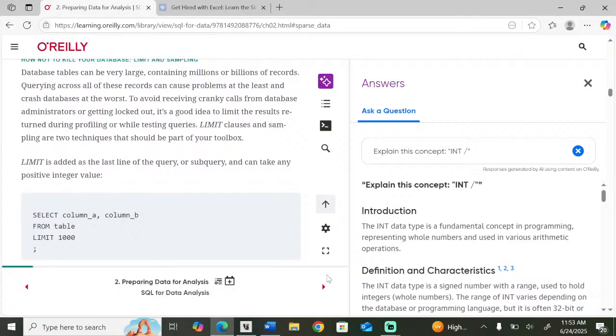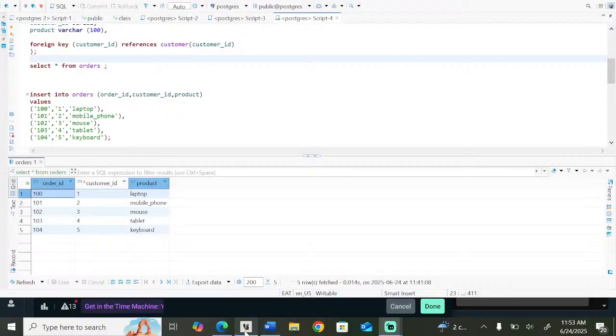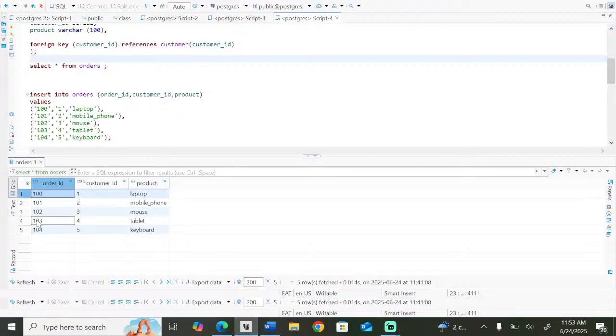So let me open my debugger. Okay, as you can see here, I have this information. How many rows do I have?